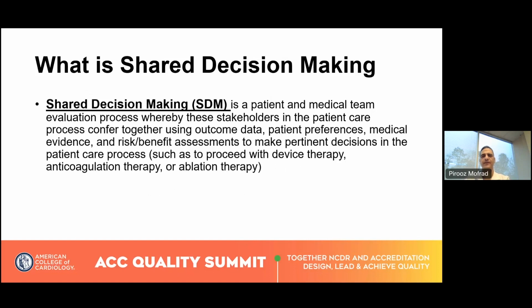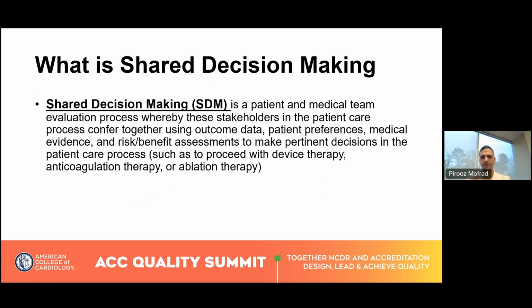It is a patient and medical team process where all the stakeholders, and clearly the stakeholders primarily are the physicians and the patients, come together to use data, outcome data from trials, discussion of patient preferences, and discussion of risk and benefits to make an outcome-based decision of what the best process for pursuing medical care is for the patient.